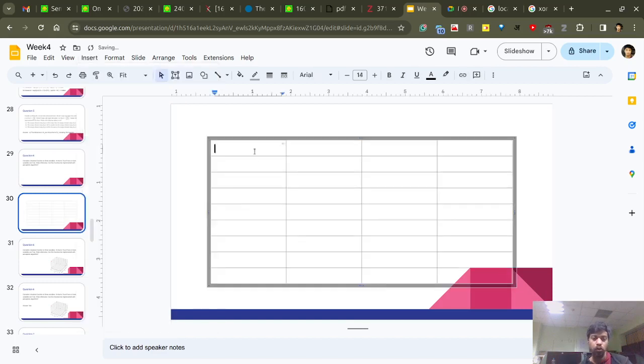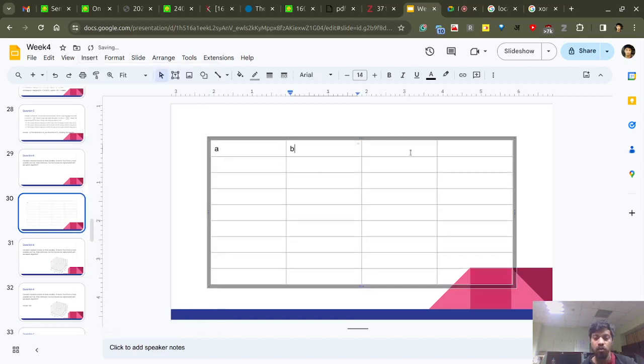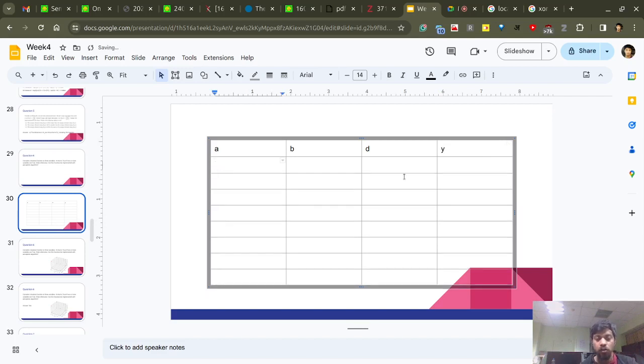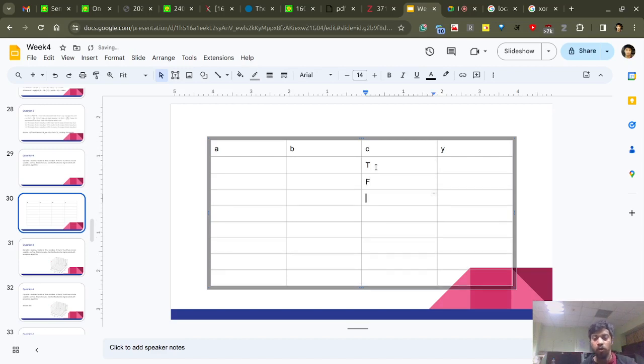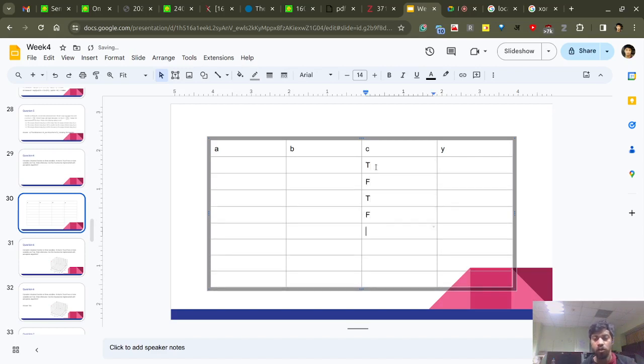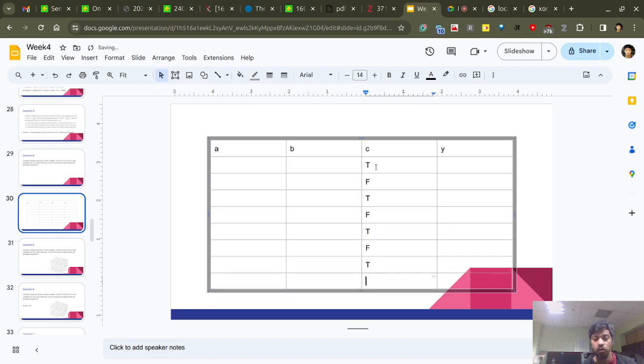Okay, so maybe this is the first variable, second variable, third variable, and this is output y. Let's do it like a binary table: true, false, true, false, true, false, true, false, and true, true, false, false.